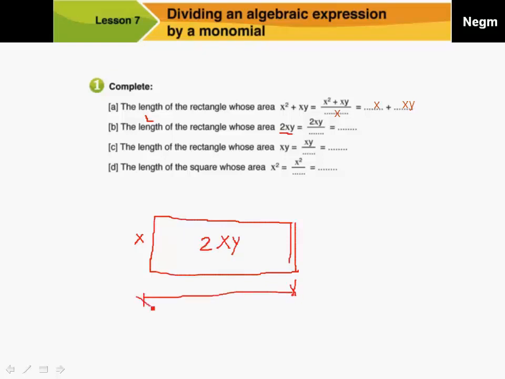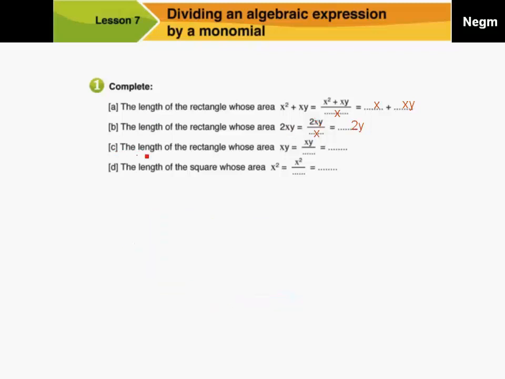The length is equal to area divided by width. Area 2xy divided by width x gives the length. So here we can eliminate x with x to give 2y. So the length of this rectangle will be 2y.